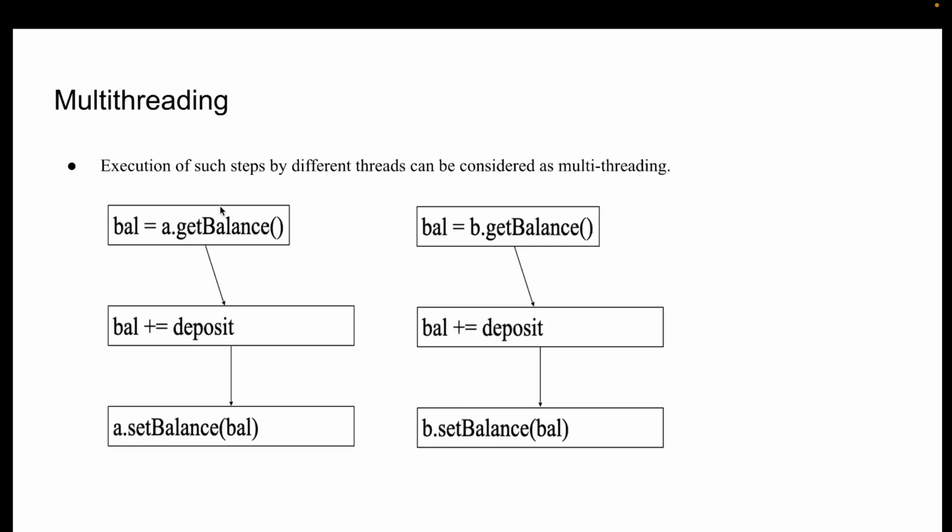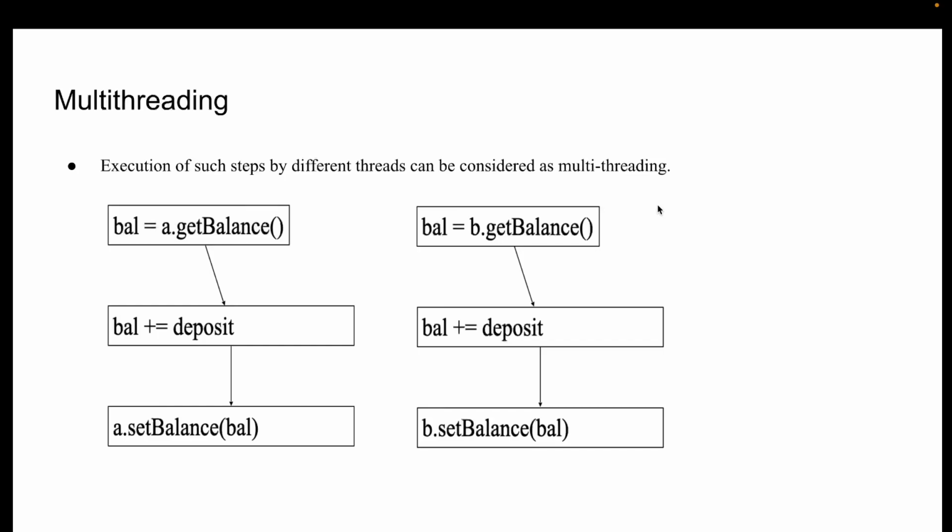So this is that example only, get balance, deposit, and set balance, and there are two threads, thread A and thread B, which will be trying to perform all these operations. Let's say thread A has performed some operation. At that time, how can thread B be asked to wait for some time?